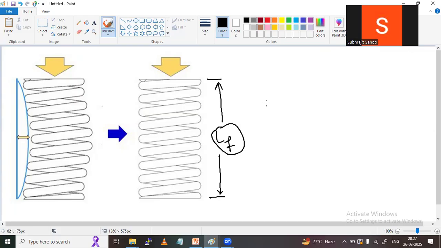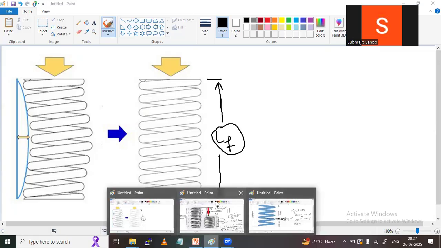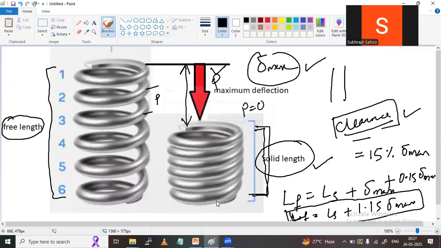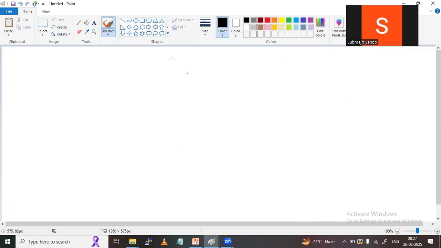If it is more, then what is the problem? Let us try to understand, if the spring free length becomes more, then what problem will happen. Very interesting. Suppose this is a bar, a shaft. Now it is a column or bar. The length is very short, and the bottom edge is fixed.